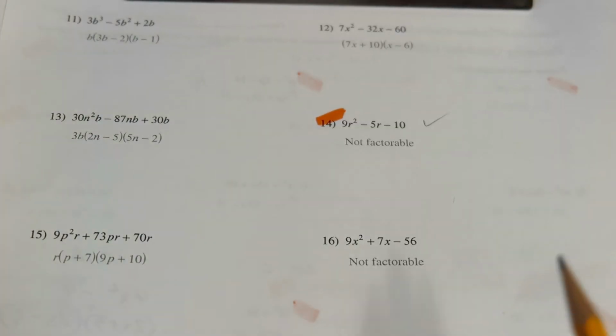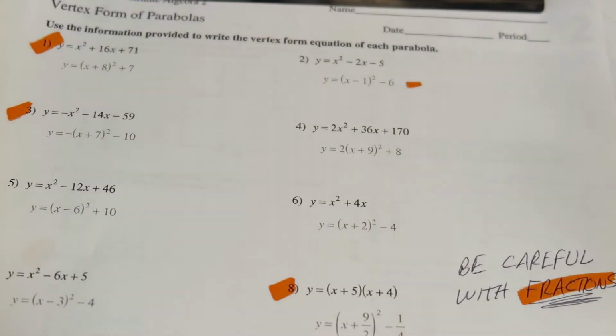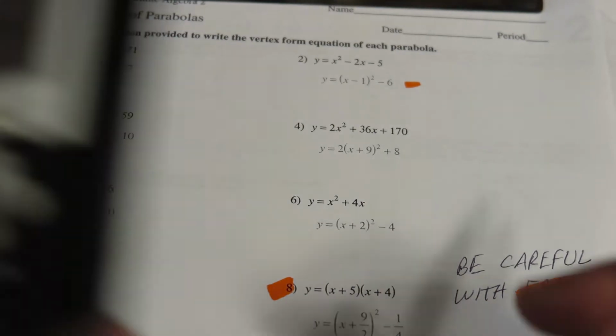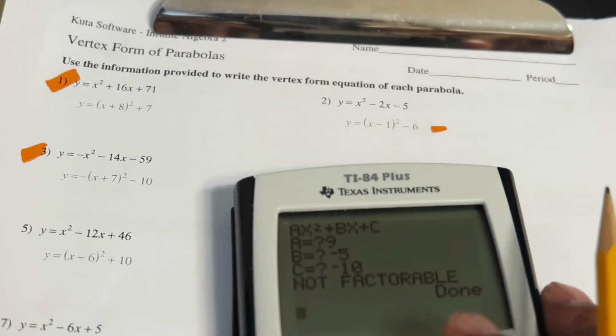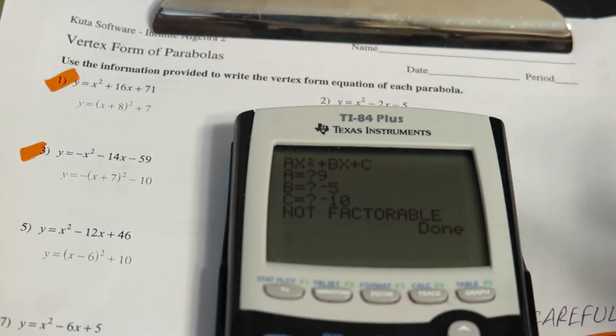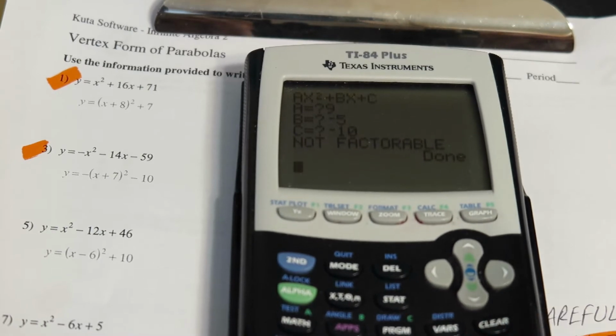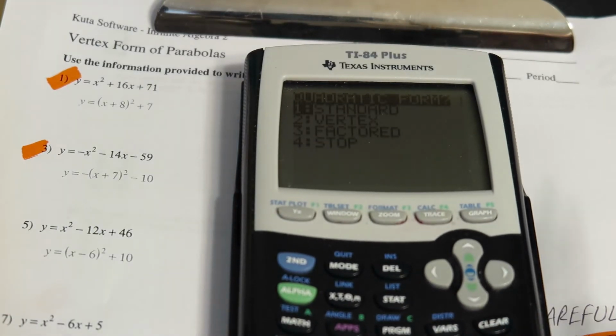Okay, now here's where I think this program becomes more valuable. It also handles when you're trying to go from standard to vertex, or from vertex to standard. So let me show you, demonstrate that real quick. Here we have number 1. It says x squared plus 16x plus 71.